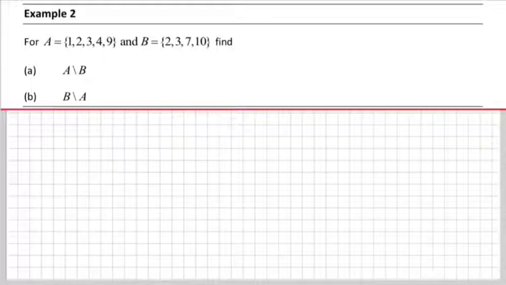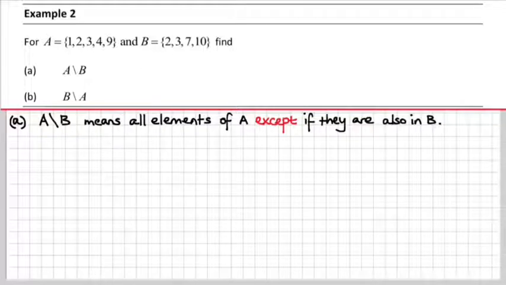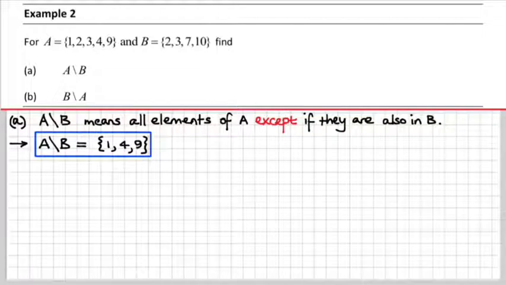We have to find A with the exception of those elements in B. Have a look, see if you can work it out. We've got all those in A. We're taking away the elements in A which are also in B, which I think means numbers 2 and 3, don't you? So what would we get? We would get that, because we're excluding 2 and 3.